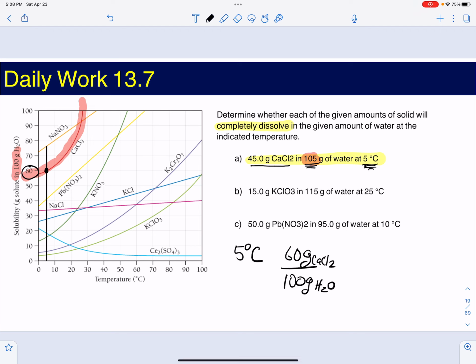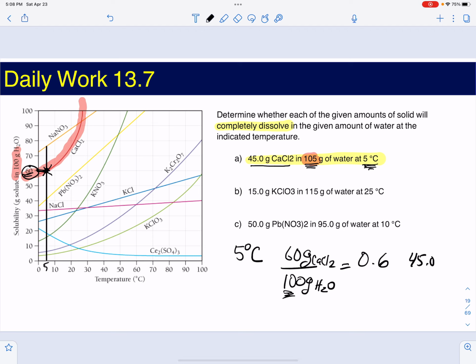That is straight from the graph, right? At 5 degrees Celsius, according to where it intersects the line, I can dissolve a maximum of 60. But that's 100 grams, which is nothing more than a 0.6 proportion, right?